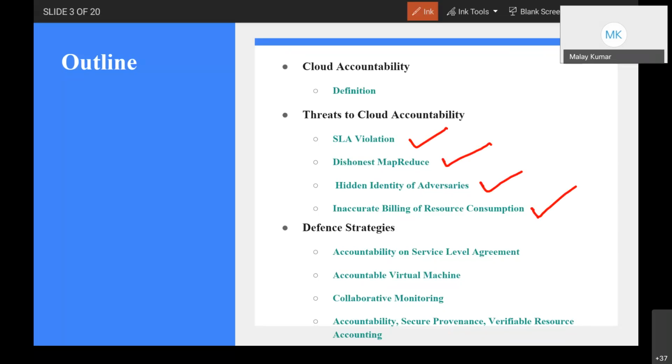When these threats happen, an incident arises. That incident could be anything, a confidentiality issue, an integrity issue, or an availability issue. When the incident happens, accountability should be imposed, meaning whether it happened due to the cloud service provider, the cloud user, or the third party user.